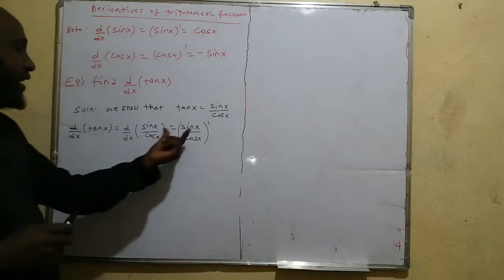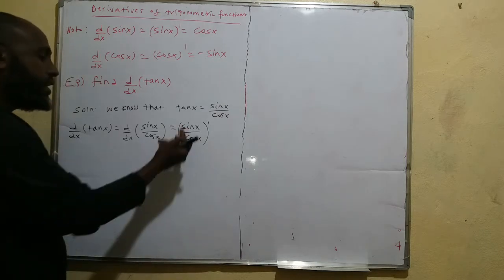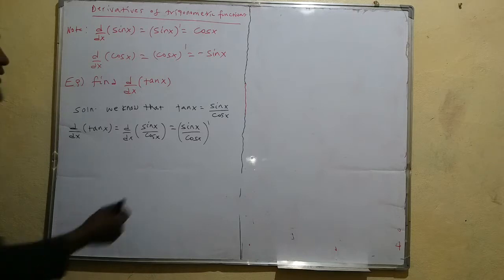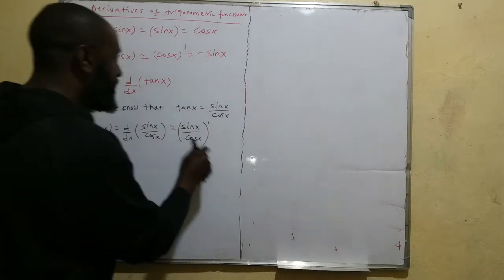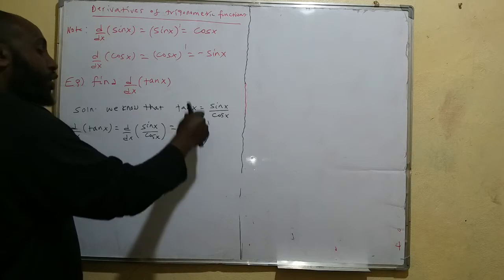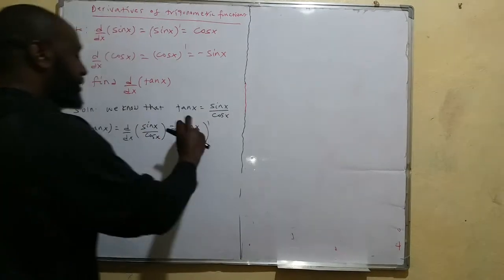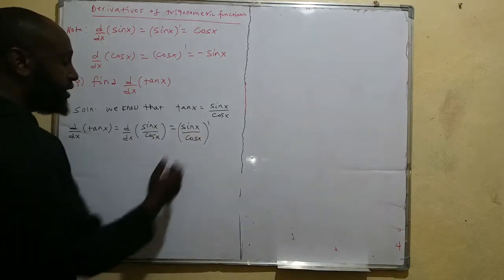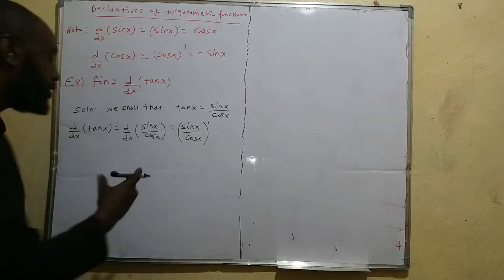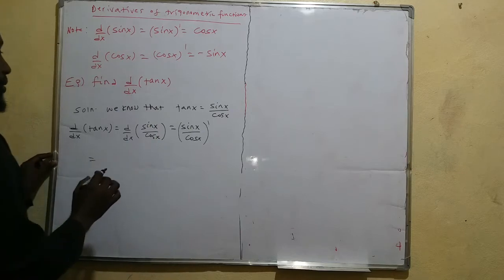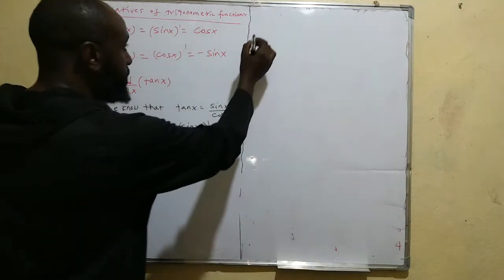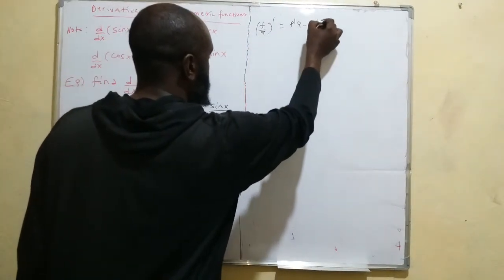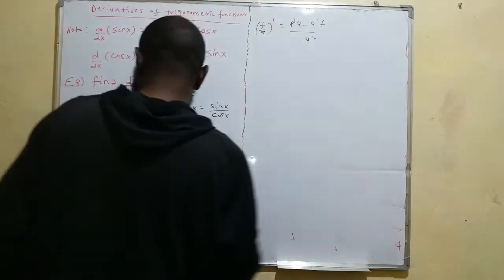Therefore, we have sin x on the numerator and cos x on the denominator. We have two functions, sine and cos, so this involves the derivative of a quotient. You can treat sin x as f of x, cos x as g of x, so that from the quotient rule, f over g, the whole derivative, is f derivative times g minus g derivative times f, over g squared.